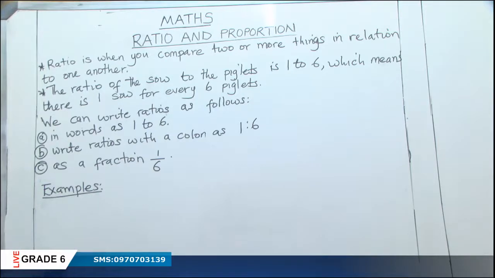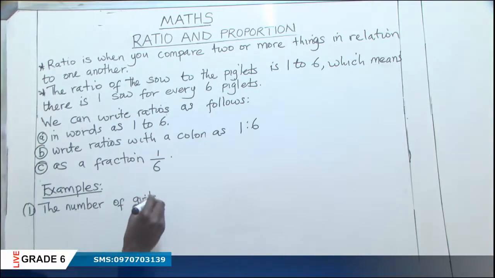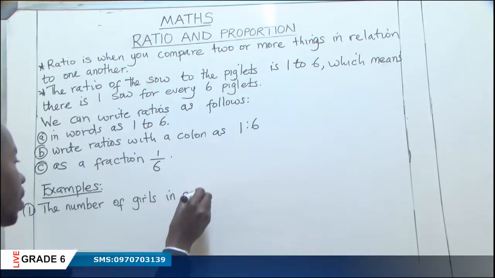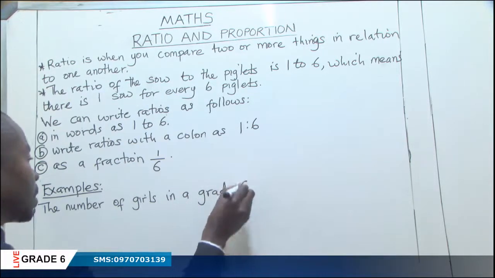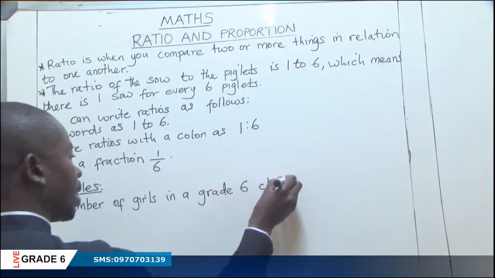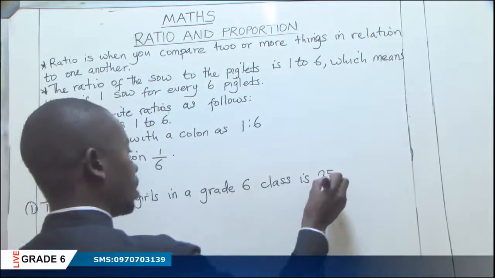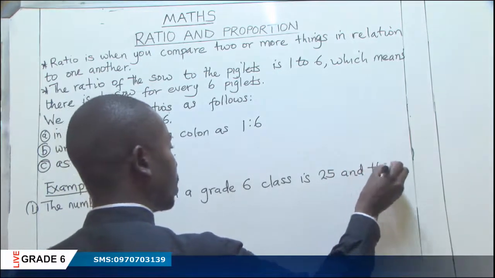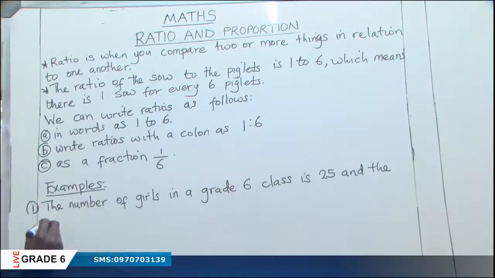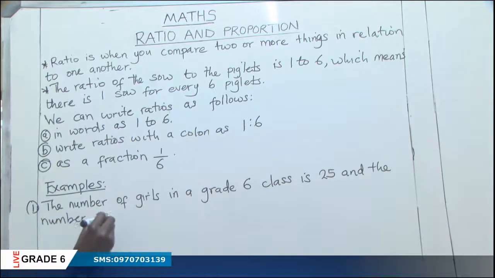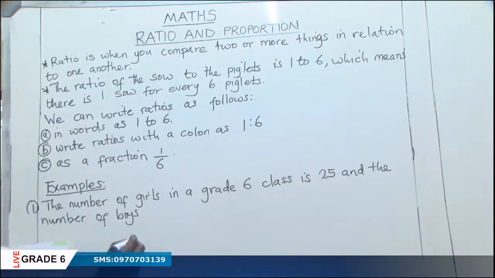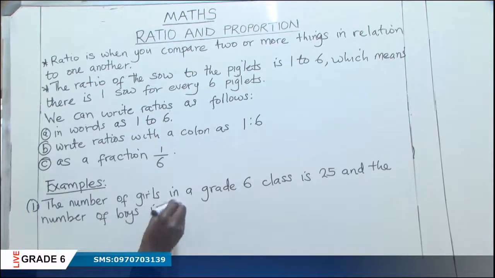Number one says the number of girls in a grade 6 class is 25, and the number of boys is 15.